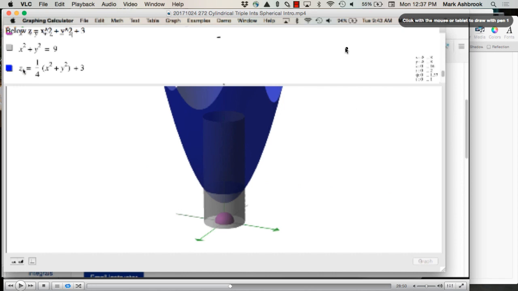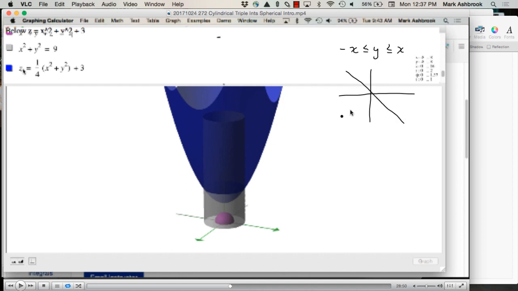So what is this? What is that? So just in the xy plane, what is that? y equals negative x, and y equals x. And where is y less than or equal to positive x and greater than or equal to negative x?